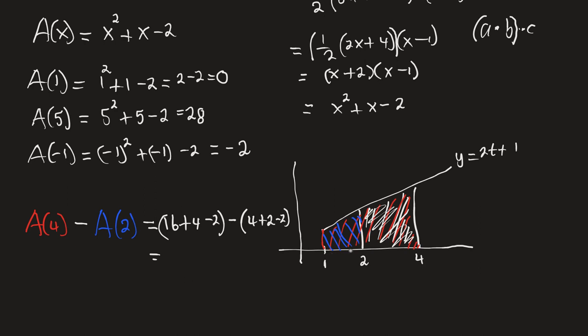Because this region between 2 and 4 is completely to the right of t equals 1, right? So we should get something positive. Let's see. 20 minus 2, so that's 18, minus 6 minus 2, that's 4. So we end up with a value of 14, right?